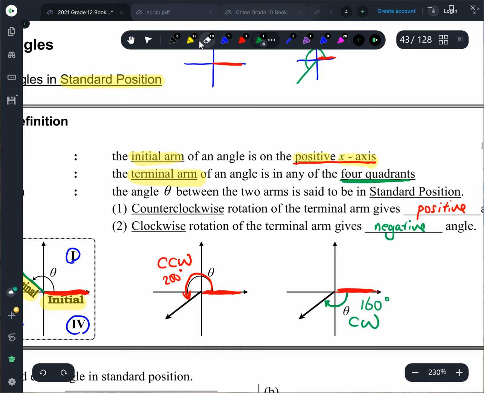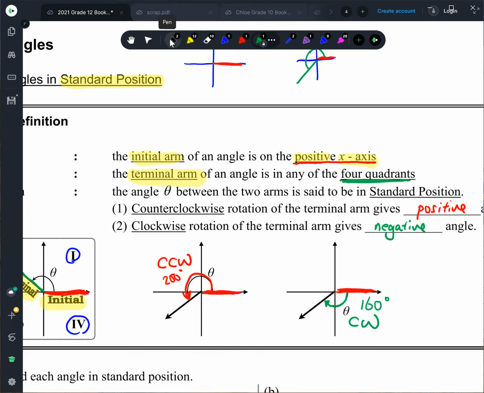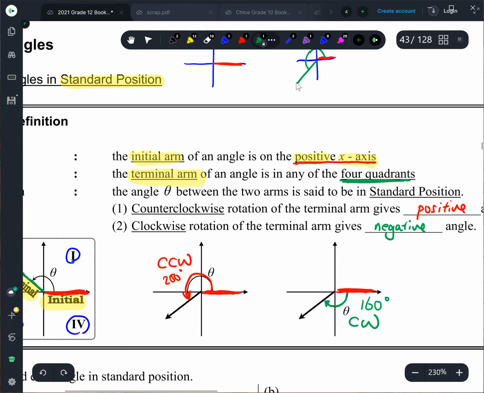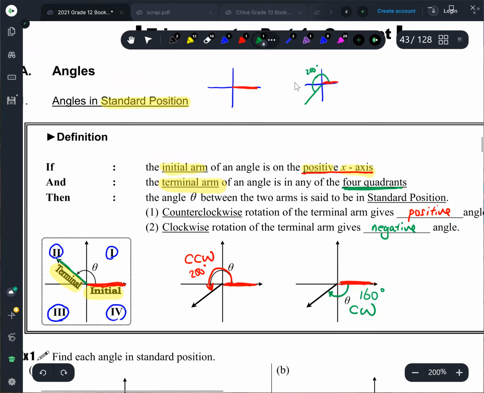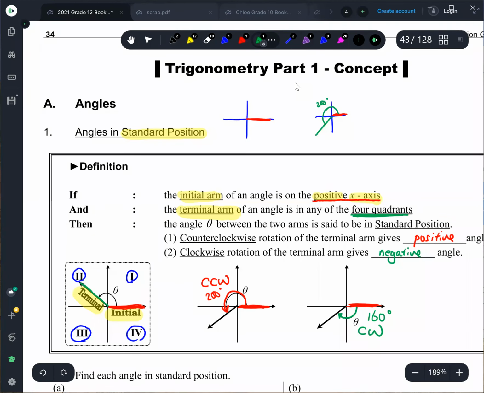Just remember some key points: 90 degrees, 180, 270, 360. Those are the key landmarks, and you can use them to figure out other angles. Can you raise your hand if you understand everything up to here?